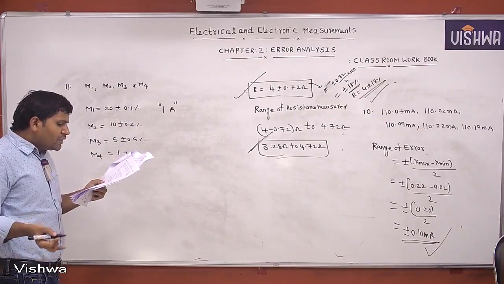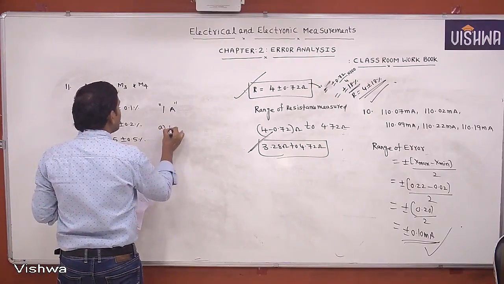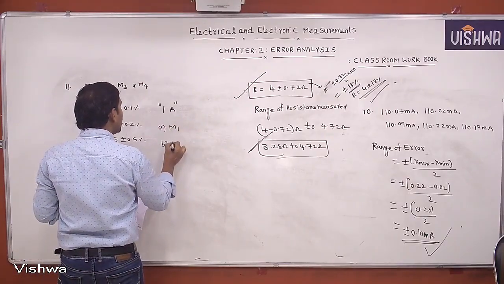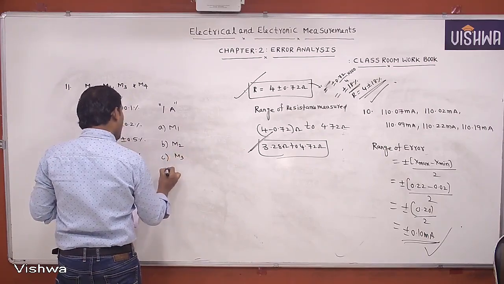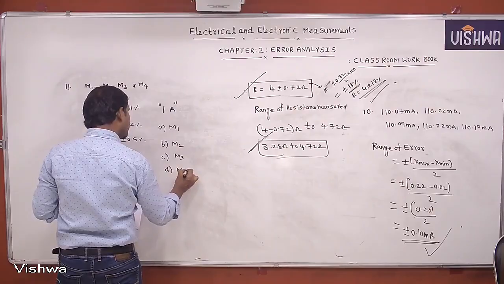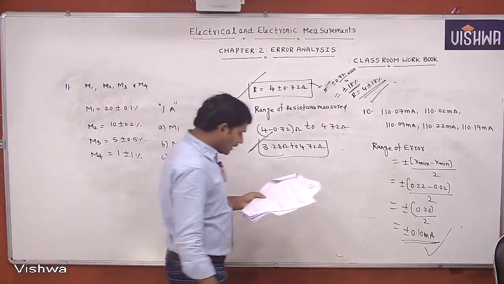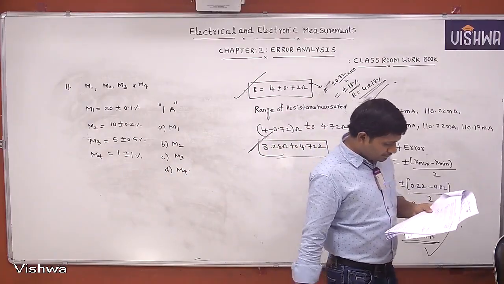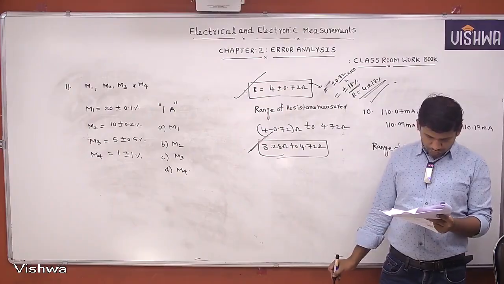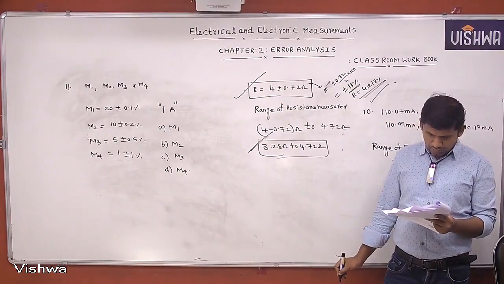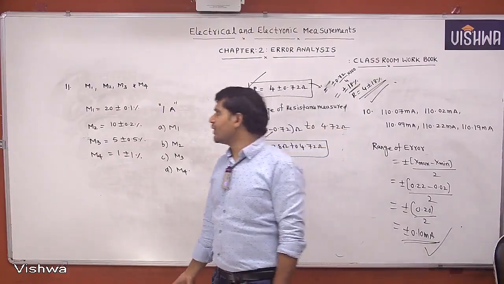Option A is M1, option B is M2, option C is M3, option D is M4. Which meter should be selected? The meter which gives the least error is more preferable.